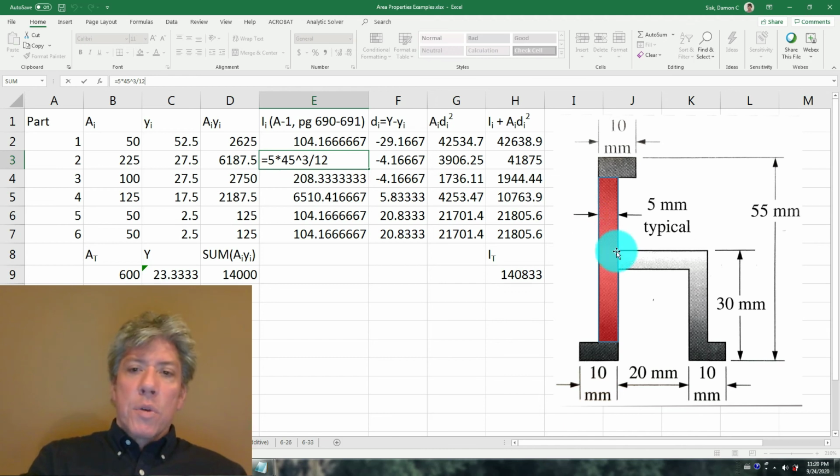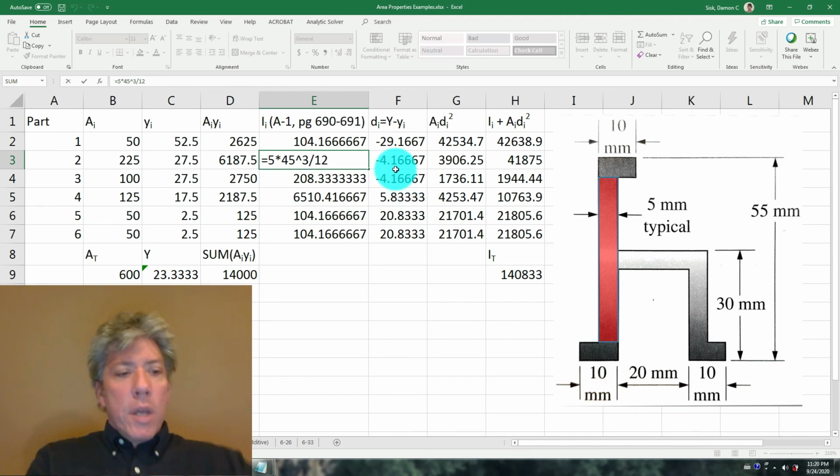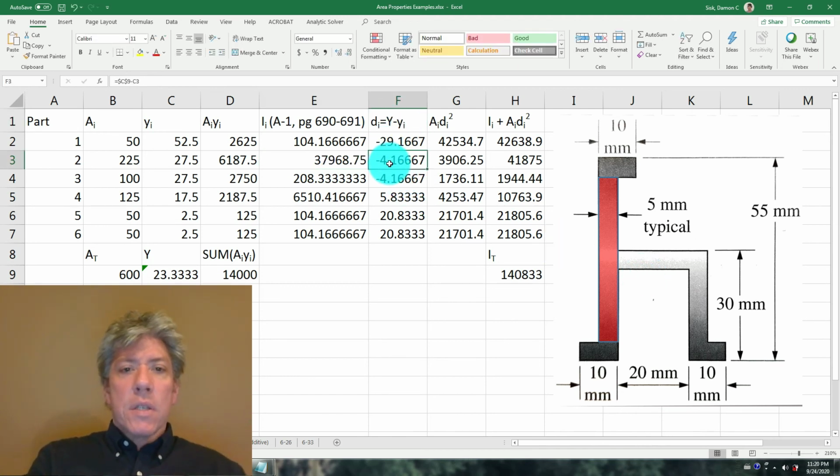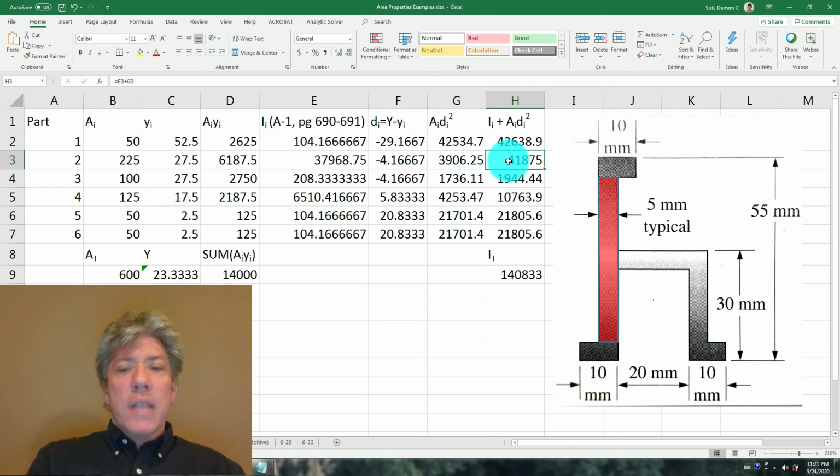But then the centroid of this area is not very far in the vertical direction from the centroid of the overall shape. So you notice that D, the distance here, is much smaller than it was for the upper area before for part 1. And so AD squared is fairly small by comparison, and we get a similar moment of inertia for this entire large shape about the centroid as we got for this little bitty area, because it's far from the centroid.